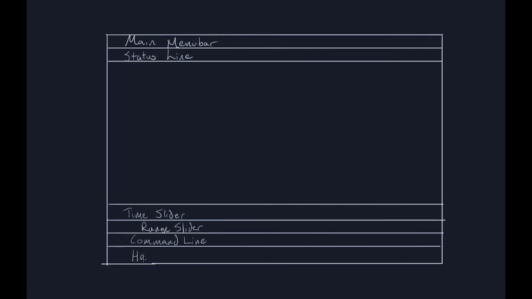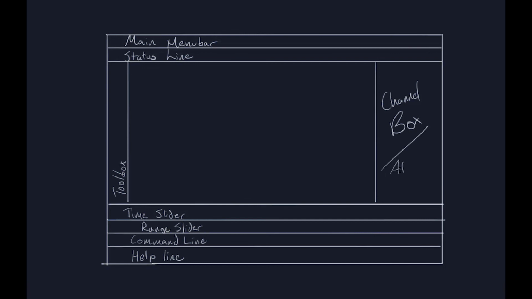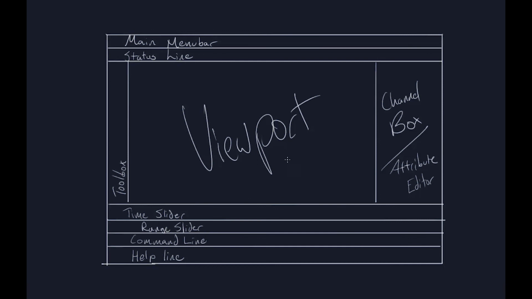And we had the help line. Now over here, we had the toolbox. And over here, we had the channel box, which can also be swapped out for the attribute editor. We saw that very briefly, and we'll talk about that a little later. But this still leaves this guy, the viewport.